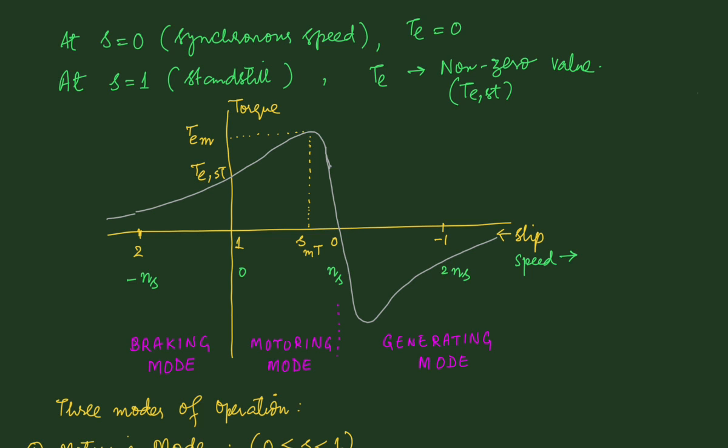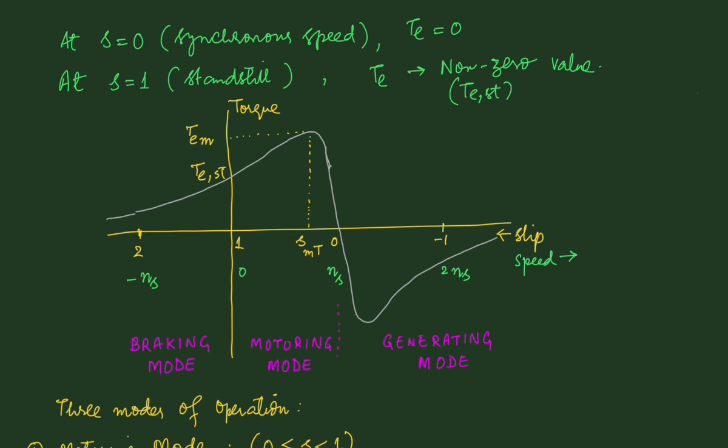It is seen that the torque slip characteristic has been plotted for values of slip from -1 up to 2, and the slip increases as we move towards left. We can see that a slip equal to 1 corresponds to a speed. We can label the horizontal axis in terms of speed also, and corresponding to a slip of 1, the speed will be equal to 0, and corresponding to a slip equal to 0, the speed is ns, and as we go on increasing the speed, the slip will be negative, and corresponding to -1 slip, the speed will be twice ns.